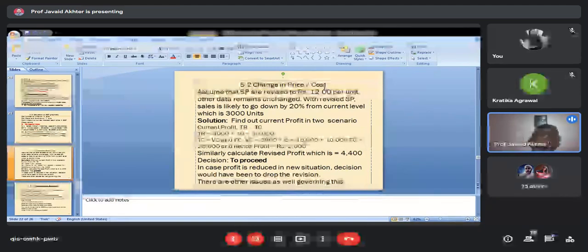When I say change in price, change means price can be more or price can be less. So 2 uses. Then change in cost. In fact, there are 4 here: change in fixed cost, change in variable cost, plus or minus, increase or decrease.